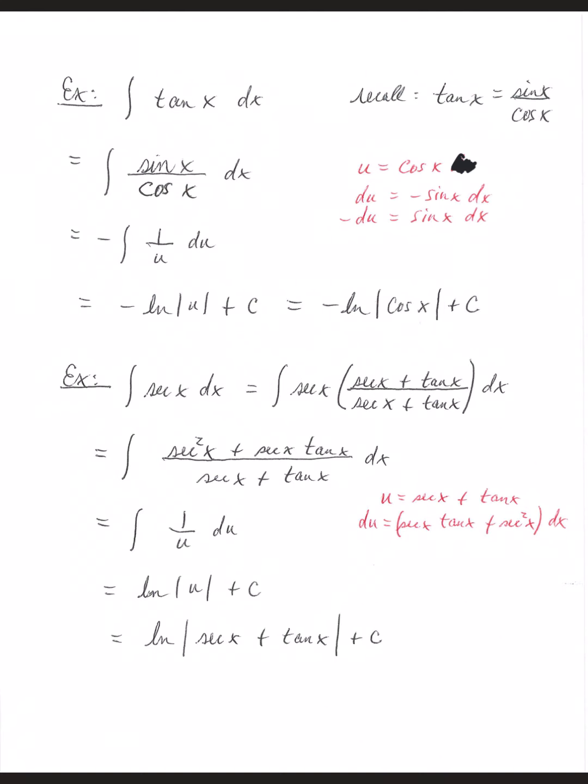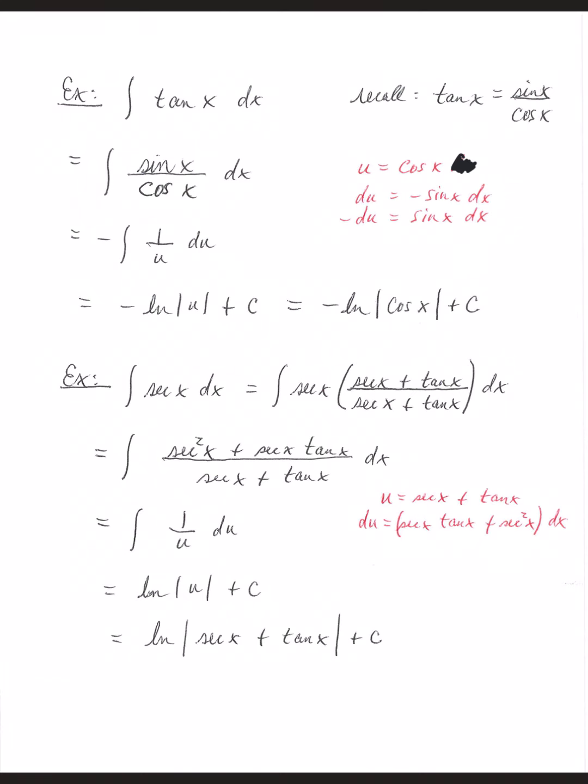Another one that we'll need to refer to later down the road in Unit 2 is the integral of secant x dx. Now, if I multiply something by 1, it keeps its value. Secant x plus tangent x divided by itself is just a really clever 1.